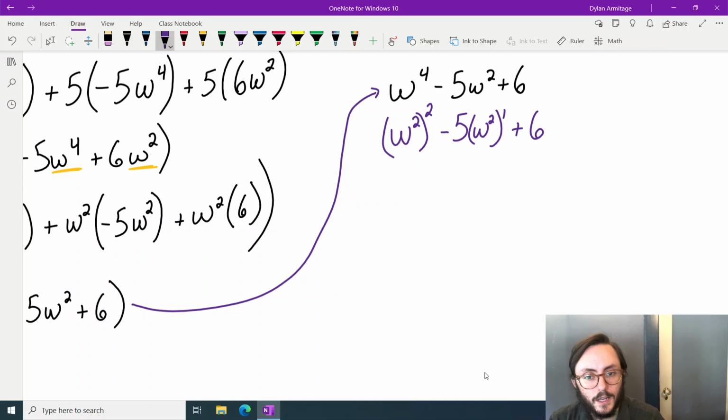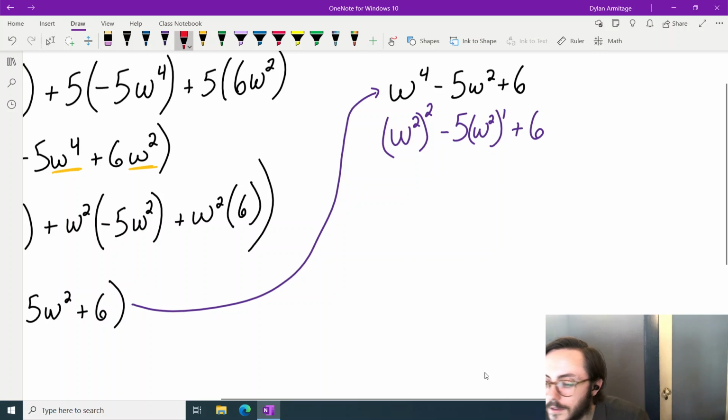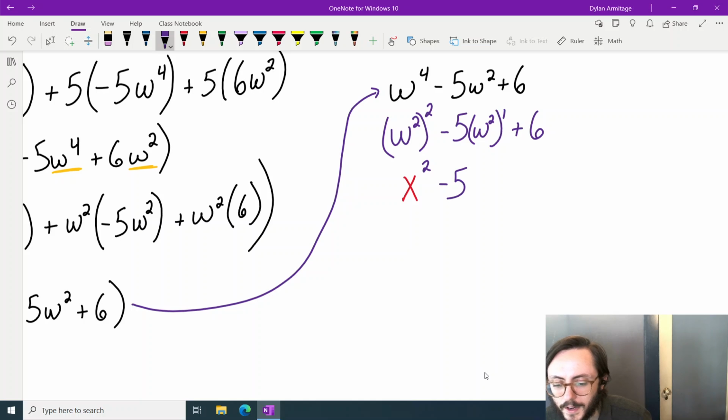What does this look like right now? What if instead of w squared I wrote x? So what if I did x squared minus 5 times x plus 6? We can factor this now.